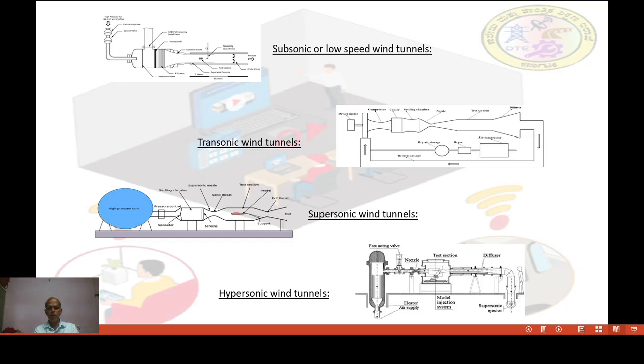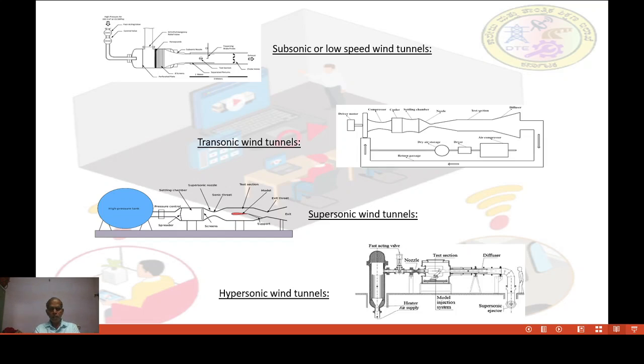Throat means just like a venturi, and a filtering screen is there, a spreader is there, and again a straight test section is there. You can keep the model there, also shown in the figure. Next, the exit throat is there. Again it is a restricted area. Again a divergent portion is there, then the exit. These are the main parts. Here the high pressure air is supplied from the tank up to the exit. Again it will go to the atmosphere only.